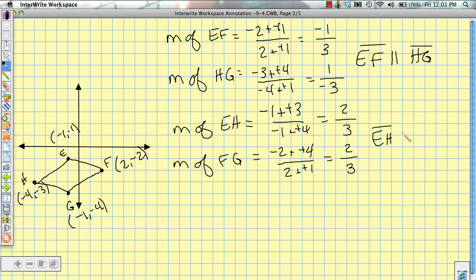We do get that they both have the same slope, so we know EH and FG are parallel. So this shows that we have a parallelogram.